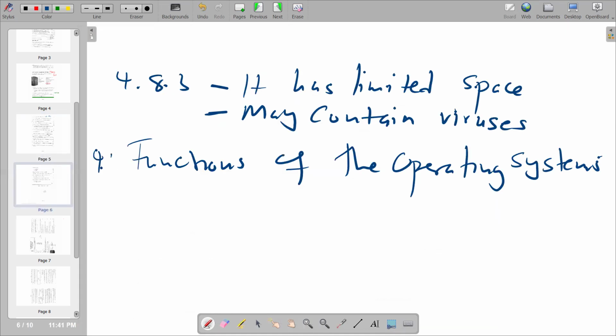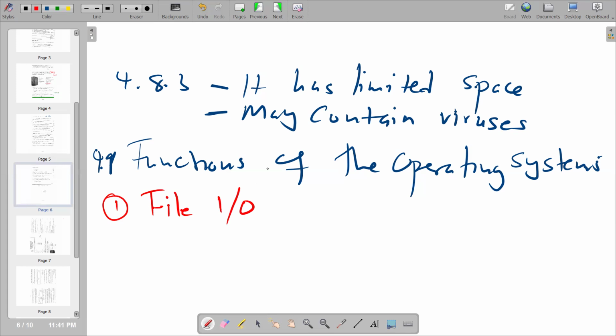This is our 4.9. The first one is file IO. And remember, IO stands for input output.